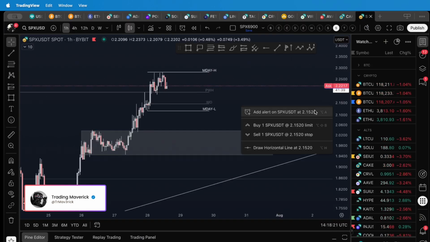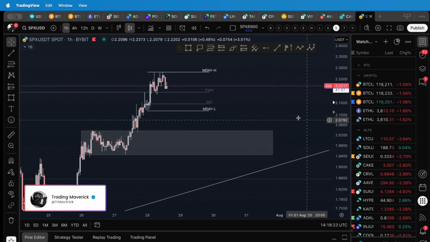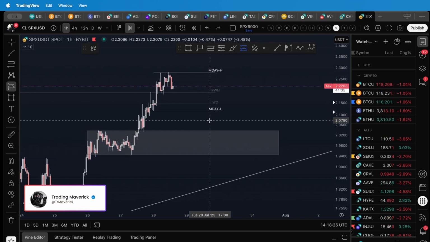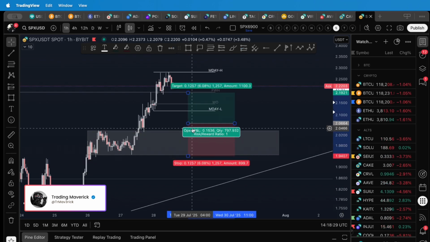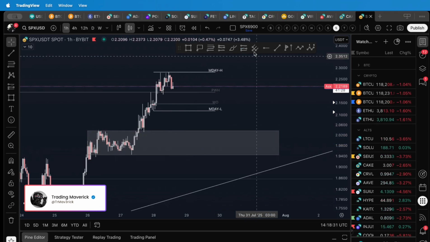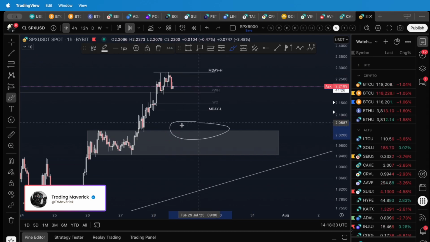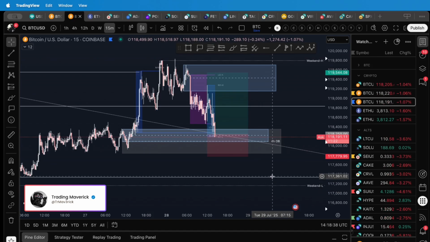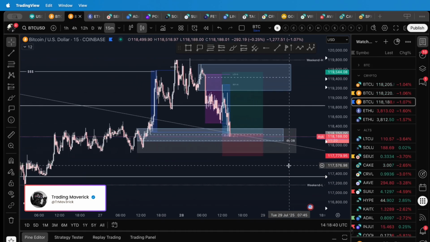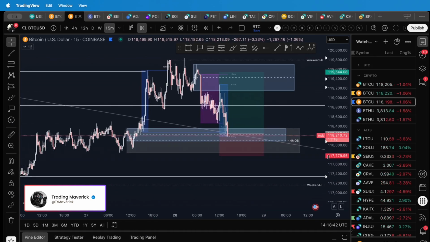Let's put some alerts on here, and the setup maybe should be something like this, around here, probably long it. Yeah, Bitcoin just keeps going lower. Maybe this hits stop loss, who knows.